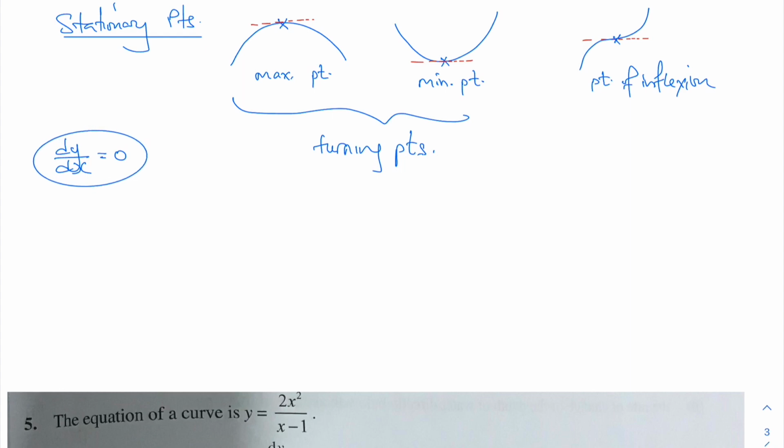But now I'm going to introduce the second derivative. What we learned earlier is the first derivative. You differentiate y with respect to x once. Now if I differentiate a second time, the way I write it is d2y by dx squared. This is known as the second derivative.